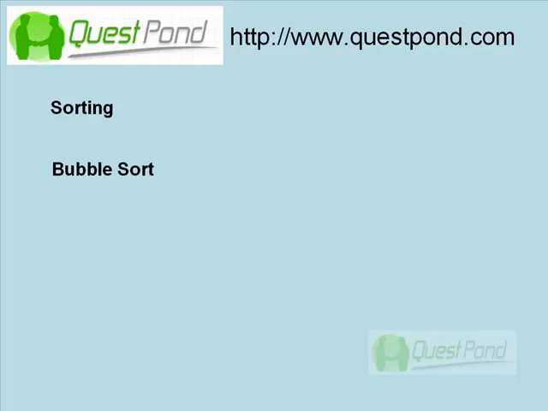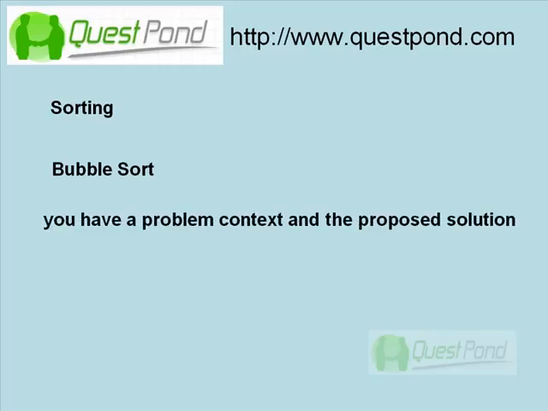So even though people say use bubble sort for sorting, you will try to use your own sorting algorithm. Why? Because you know the problem well, and if you think bubble sort doesn't fit, you implement a custom algorithm which can simplify the project. So it is nothing but a problem context and the proposed solution.